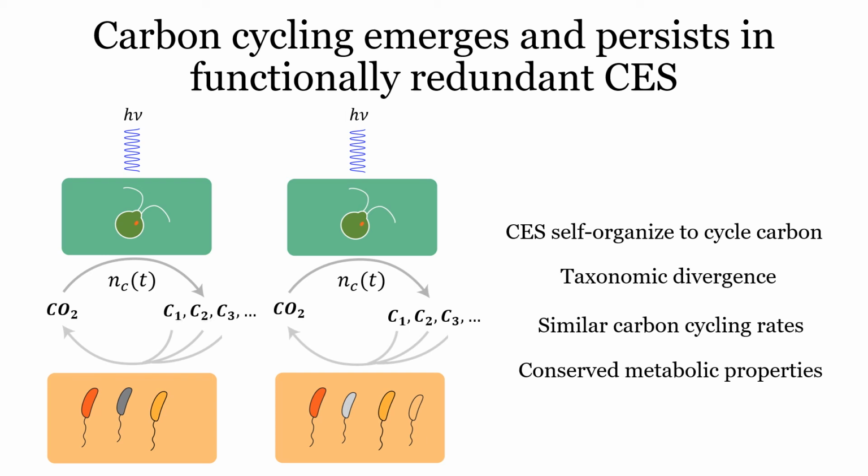In fact, for increasing rounds of enrichment, we observe taxonomic divergence of community structure. Third, the cycling capability seemed unaffected by these taxonomic differences. We found that all instantiations of the closed ecosystem had similar carbon cycling rates. Lastly, we show that the heterotrophic communities had similar conserved metabolic capabilities.